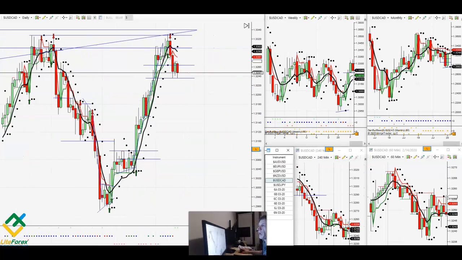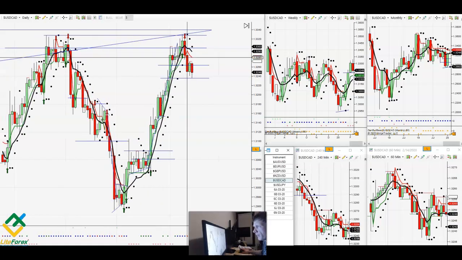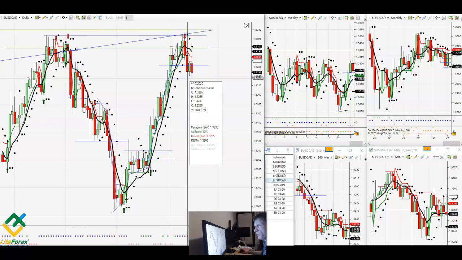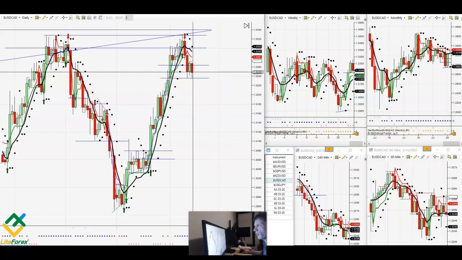Okay, USD CAD. I talked about this key support price at the low, 1.3236. And you can see today it held that exact 1.3236 price, pulled up.